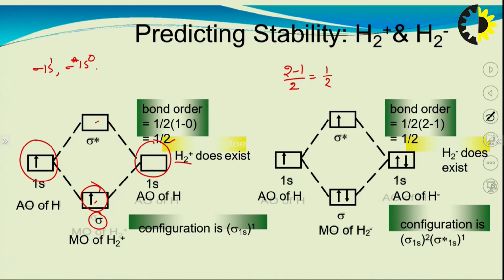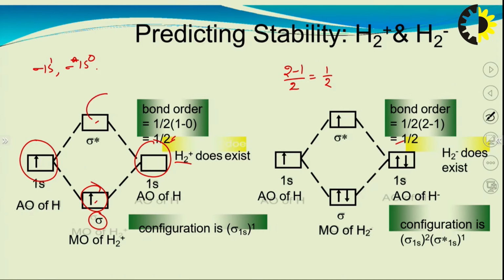So this is also 1 by 2. Its bond order is also 1 by 2. Both the molecules will exist. Now, which is more stable? Those molecules will be more stable which have no electron or fewer electrons in the antibonding molecular orbital.